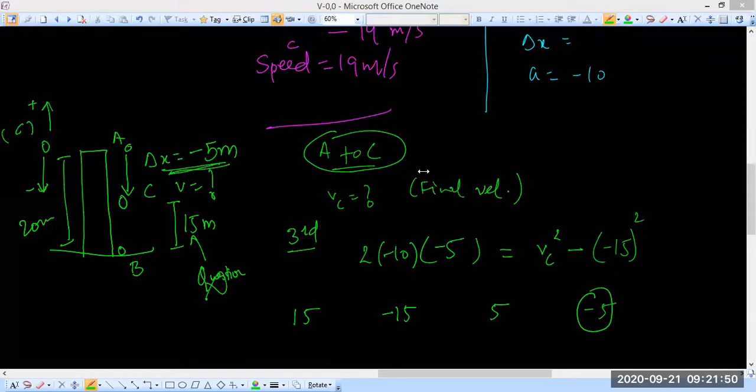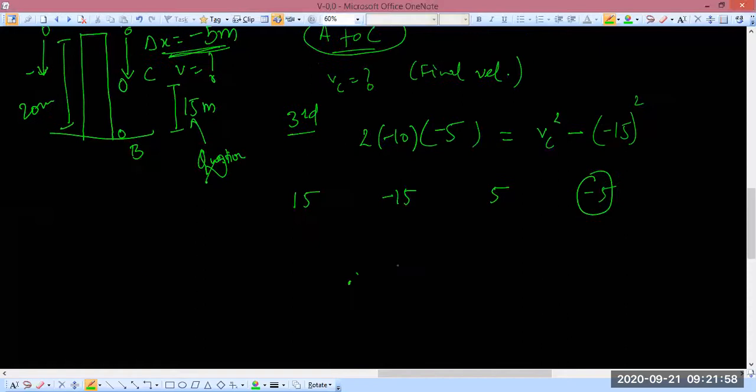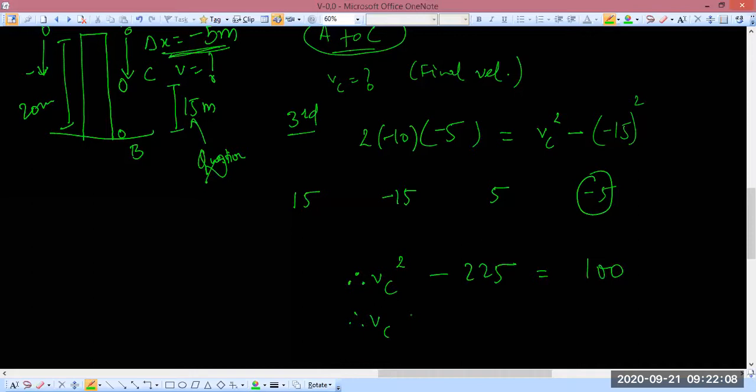So what's the final answer then? This is going to be VC square minus 225 is equal to 100. So VC square is equal to 325.